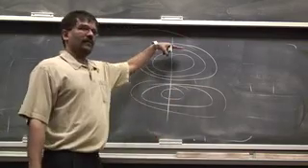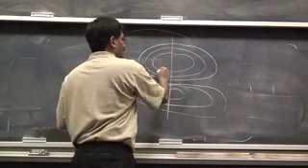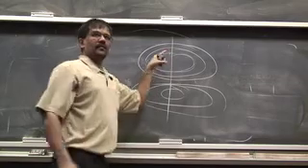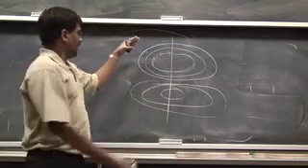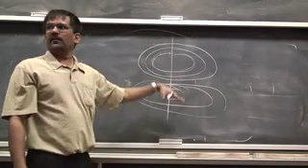So, a hard disk is made of platters. And you have tracks. And each track is separated into sectors. And then you have a notion of cylinder, where it's the same track on all the different platters.